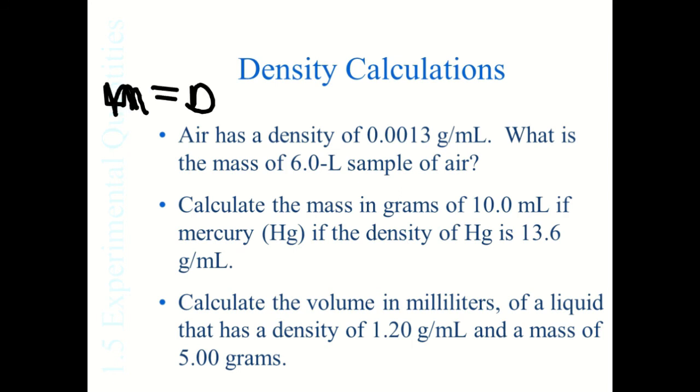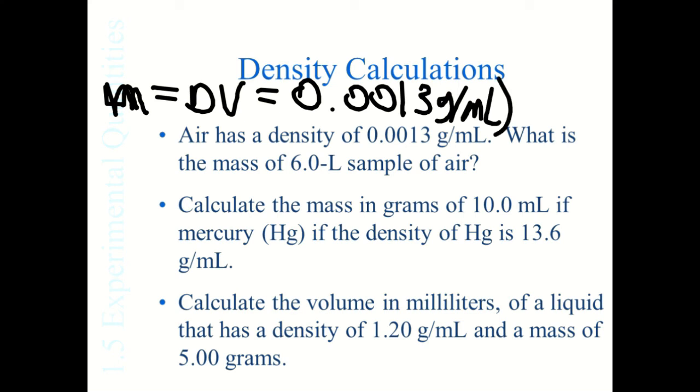Mass equals density times volume, which is 0.0013 grams per milliliter, times, oh, I can't use liters here because my density is in what? Milliliters, so I have to convert it. Okay?